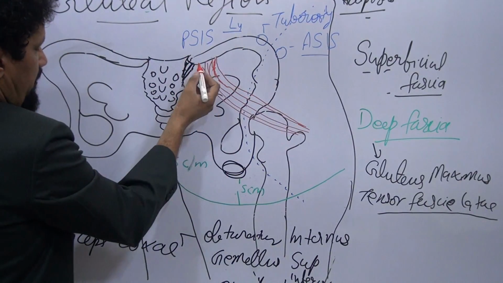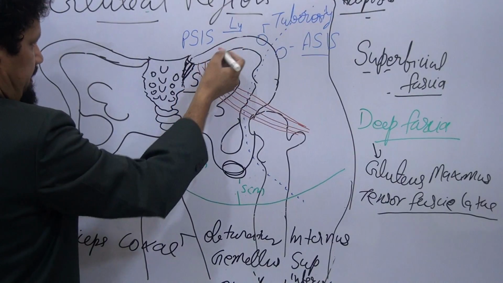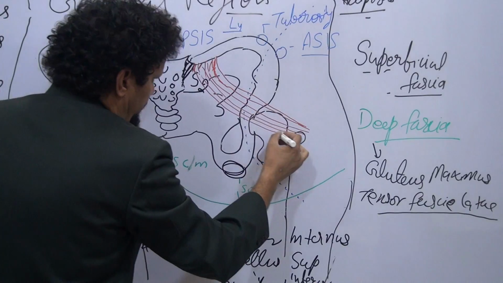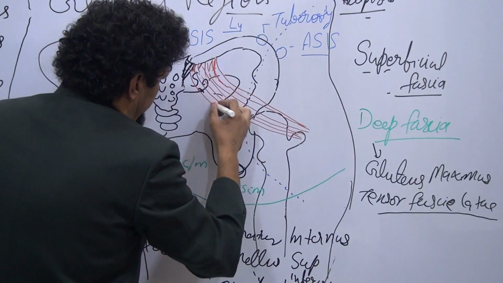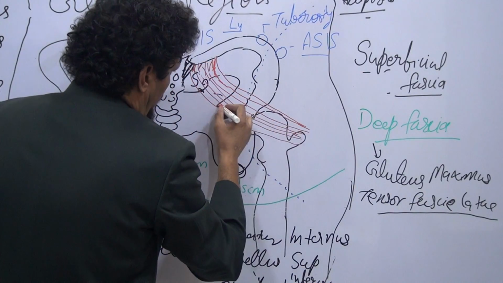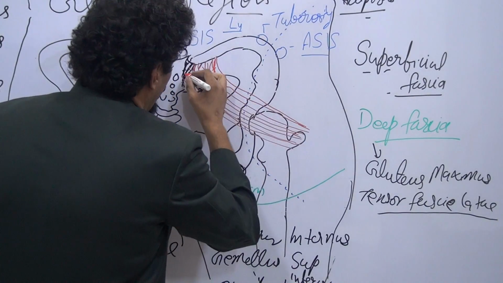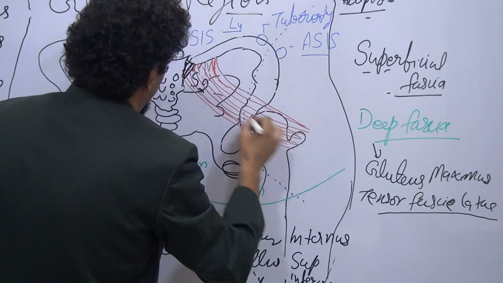The outer lip of the posterior part of the iliac crest. So this is the outer lip. Fibers are coming from here. This is a rhomboidal muscle or quadrilateral muscle having four borders.